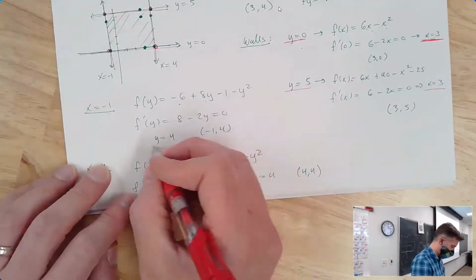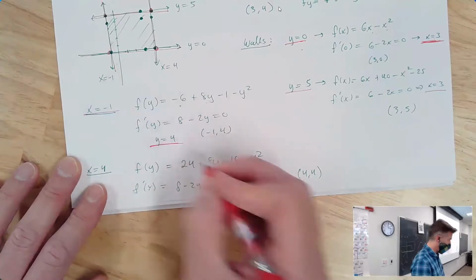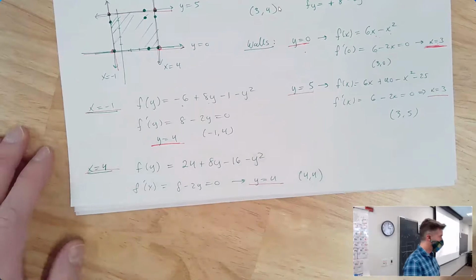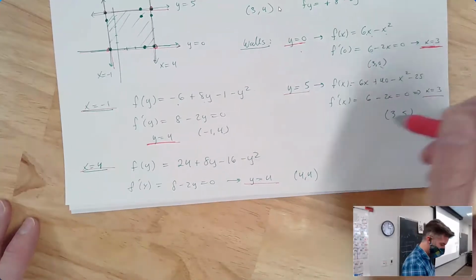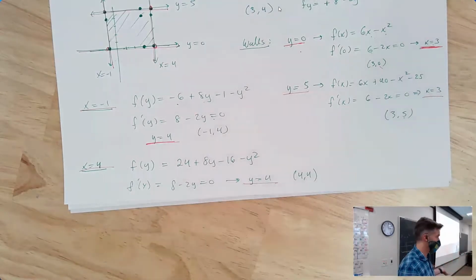I plugged in x equal to -1, I got y equal to 4. I plugged in x equal to 4, I got y equal to 4. So that's how I got those other 4 points. 4 walls, each having a point. Not every wall always has a point. Like in our previous example, none of the walls had points. Every corner, which there might be 4 of, there might be less of, and then any critical points.